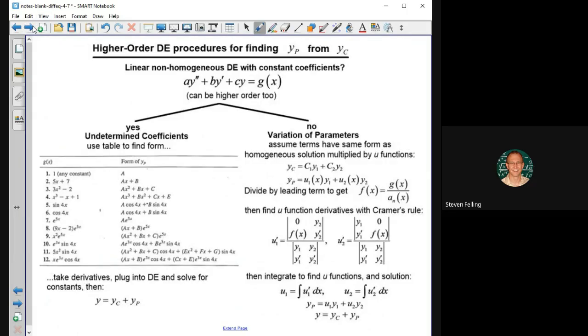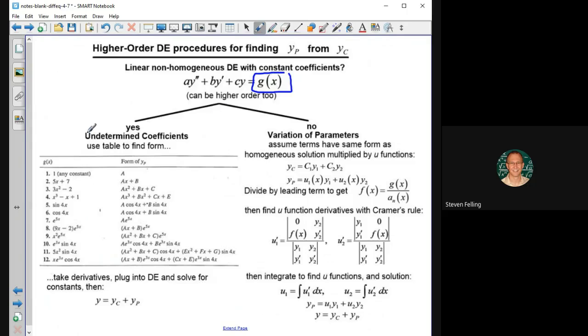And then we have two procedures basically for finding the solution if we have a right-hand side that's not zero, if we have a non-homogeneous differential equation. We first solve for the corresponding homogeneous solution, and then typically we divide by this a here to get a right-hand side.